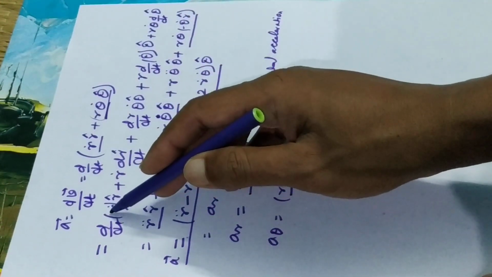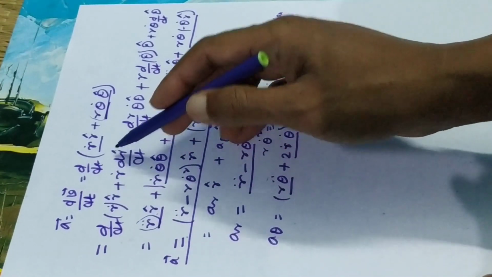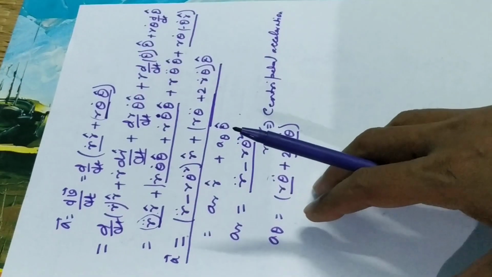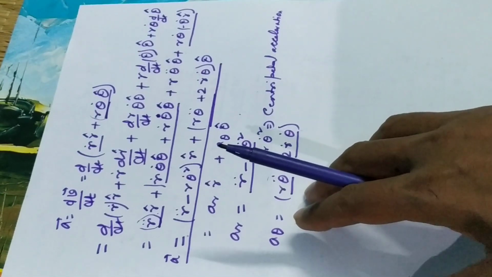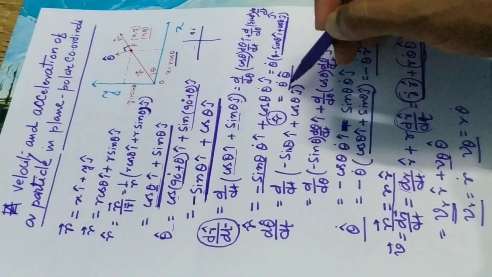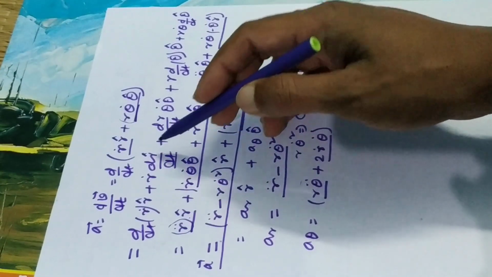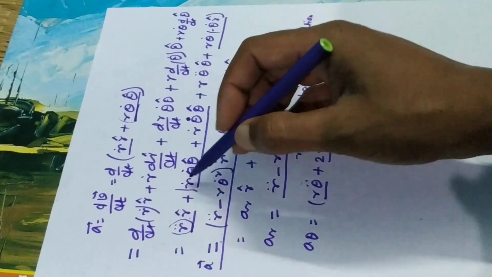So this is the expression, and d/dt of r-dot is equal to r-double-dot r-cap, and for r-dot (dr-cap/dt), we know the rate of change of r-cap is r-cap-dot, which equals theta-dot theta-cap. So I substitute the value of dr-cap/dt, which is theta-dot theta-cap.